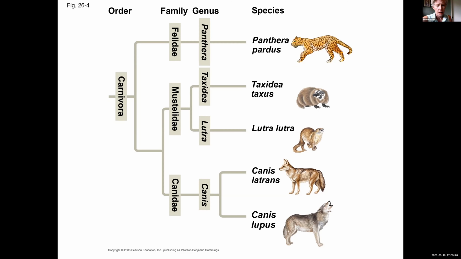Now we have another family on here, the Mustelidae. These are mammals, they're carnivores, and they're different from cats and dogs because they have musk scent glands, so they're kind of smelly things. And within that group, we're going to have a genus of Taxidea, which is for badger, and we're going to have Lutra for river otter. So sea otter is also in there. It's in Enhydra. So we can have a variety of different species within each genus, and many genera within each family.